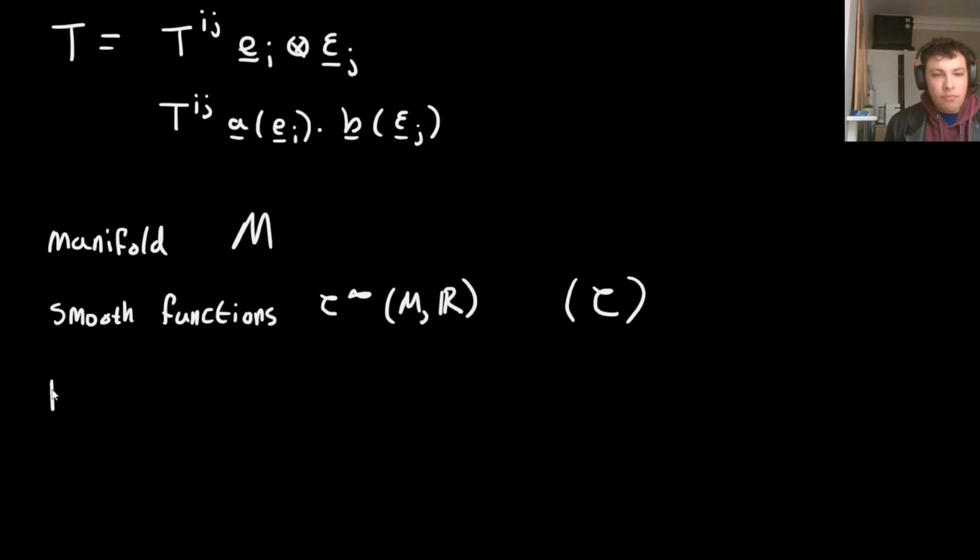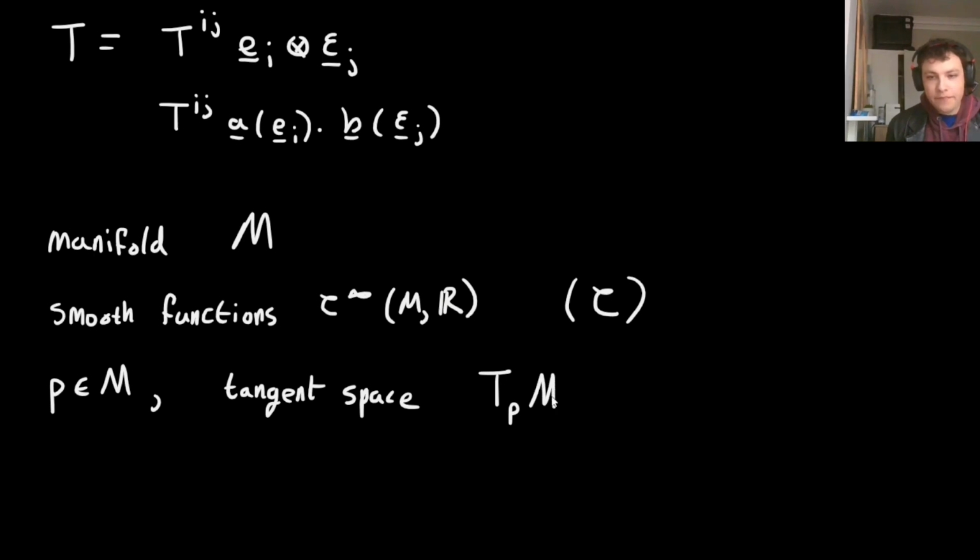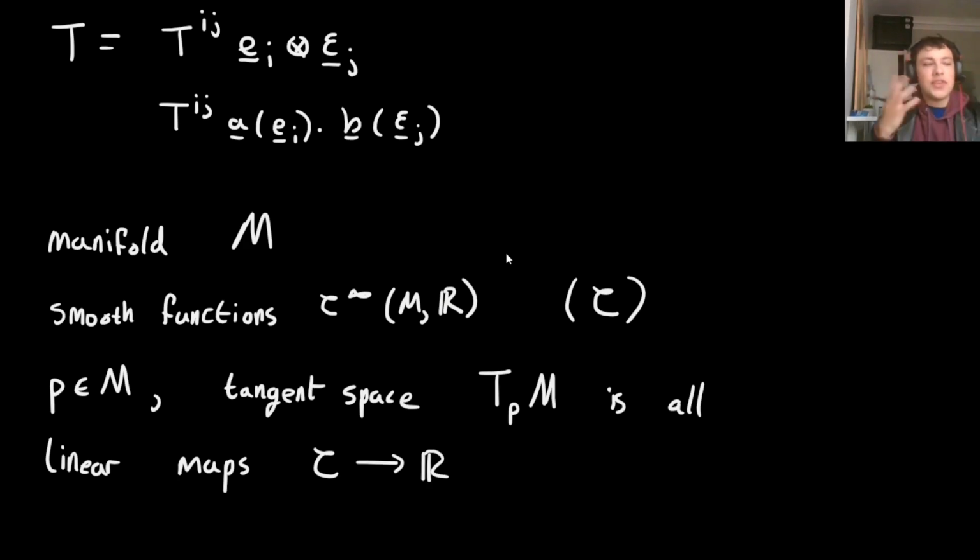And so if we choose a point P in M, then the tangent space, we call it T_P of M, is all linear maps from C into R. So C can be viewed as a real vector space, because obviously if you've got two smooth functions, you can add them together and get a new smooth function.